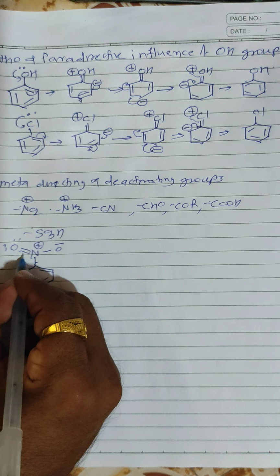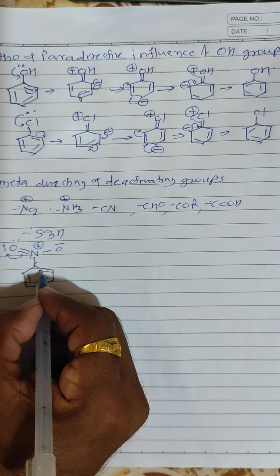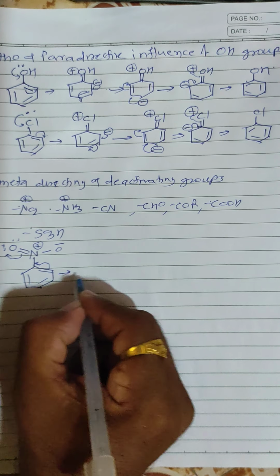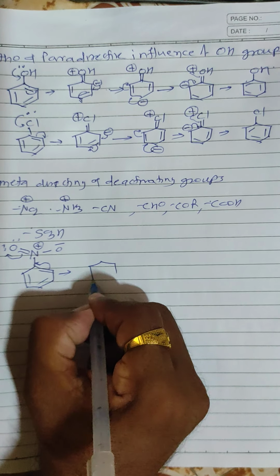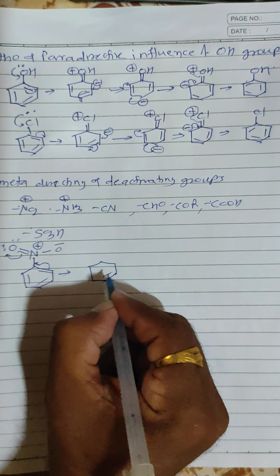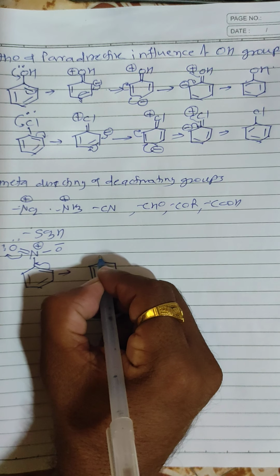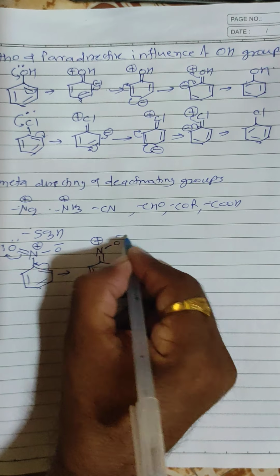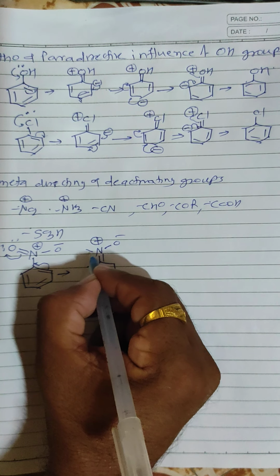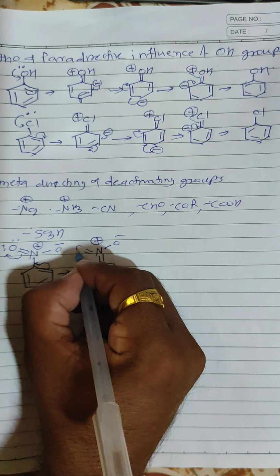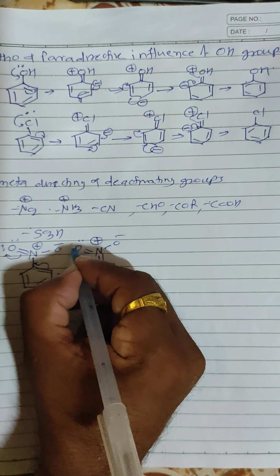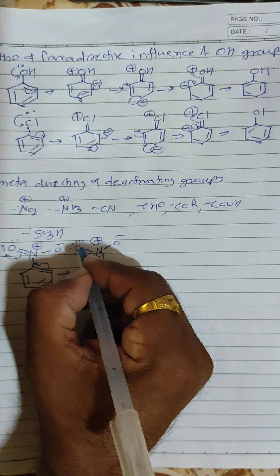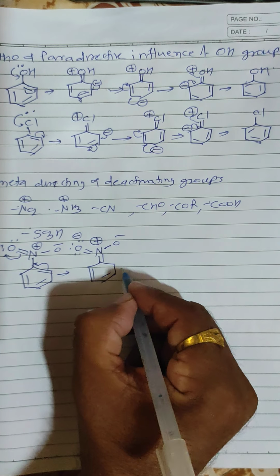Now in this case the bonds are shifted here, then again these bonds are shifted here, and to form a structure like N plus O minus, and here double bond O with three lone pairs of electron with a negative charge.